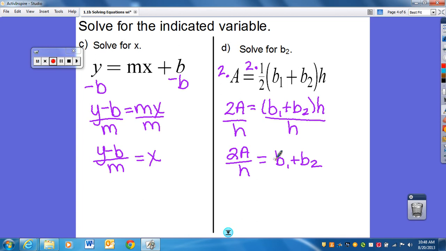Our final step, I want to get the b2 by itself, so I'm going to subtract b1 from both sides. So what I'm left with is this fraction 2a over h, and I'm going to subtract the b1, and that's going to be my result of b2. Lots of steps, but if we do one thing at a time, we can isolate the variable, and that should be good.